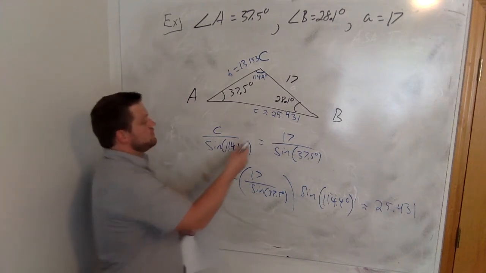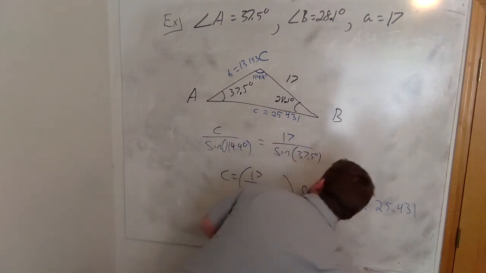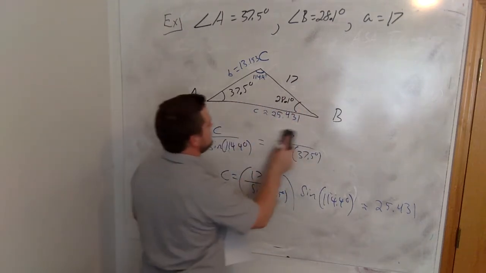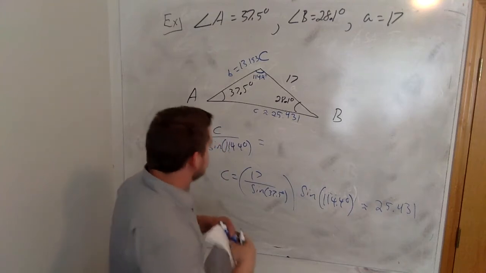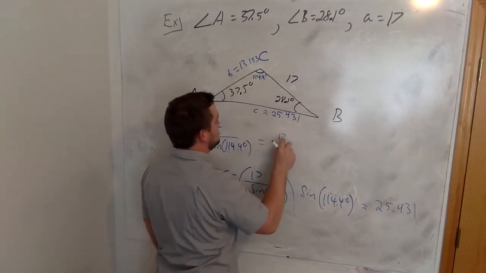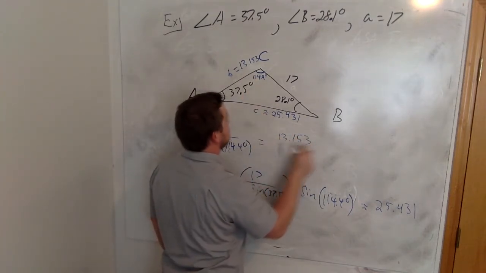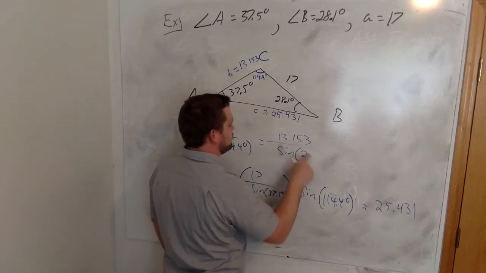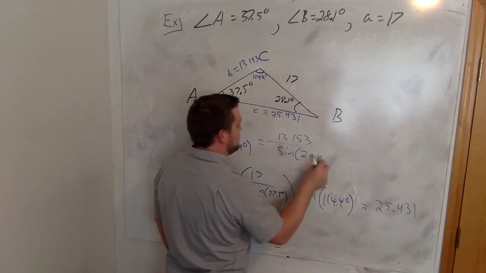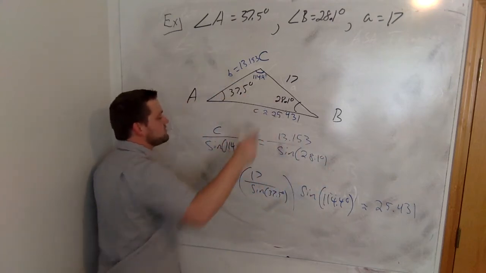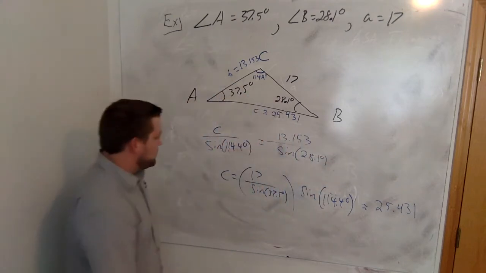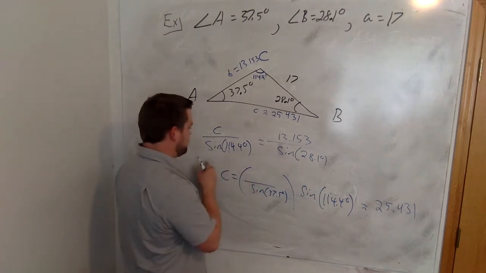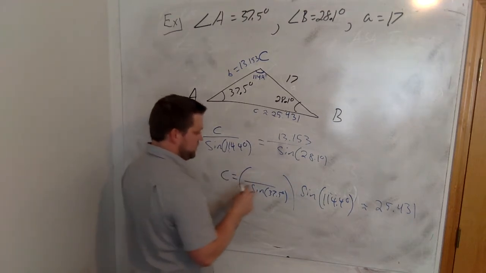I'd like to note here that we could have found C differently. Instead of doing 17 over the sine of 37.5 degrees, we could have said this is 13.153 all over the sine of 28.1 degrees, using side length B over the sine of angle B. Now we'll be multiplying both sides by the sine of 114.4 degrees.